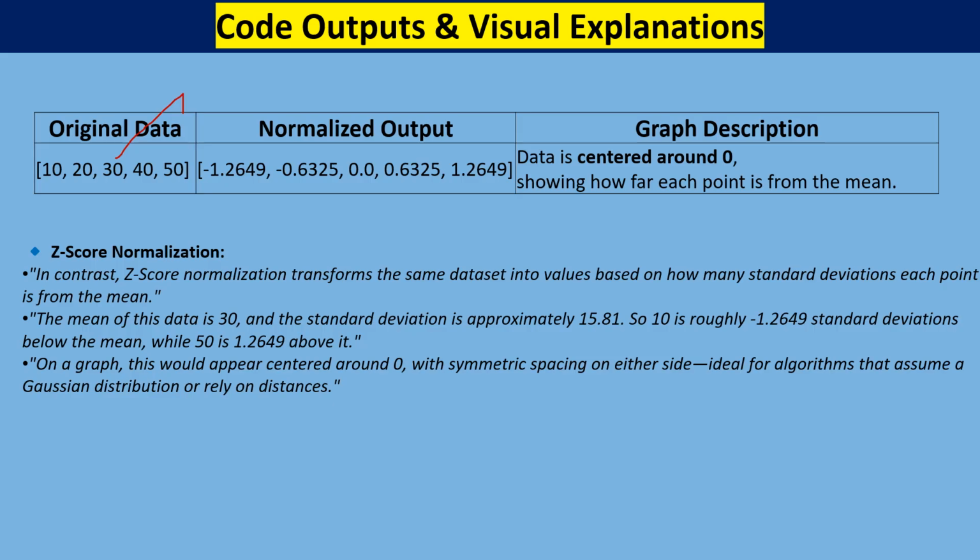So 10 is roughly 1.26 standard deviations below the mean, while 50 is 1.26 above. On a graph, this would appear centered around 0 with symmetric spacing on either side. Ideal for algorithms that assume a normal distribution or rely on distance.